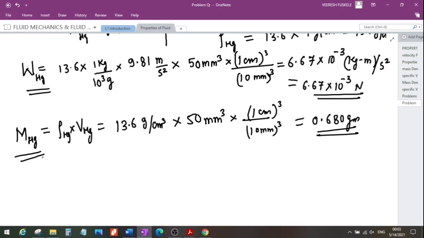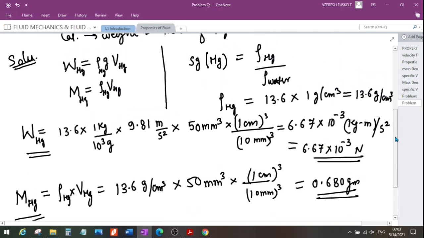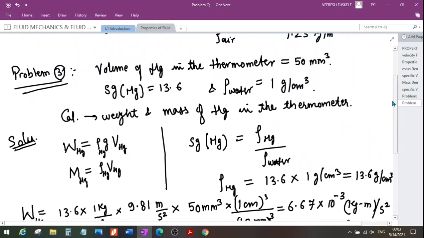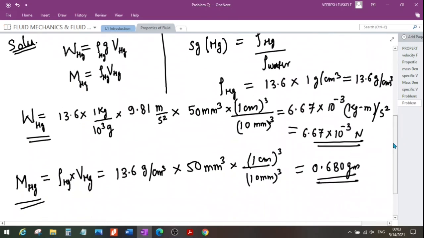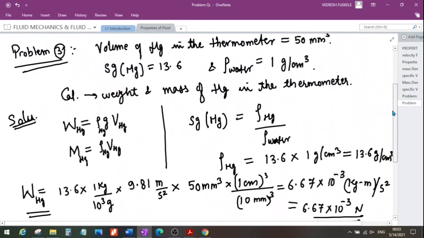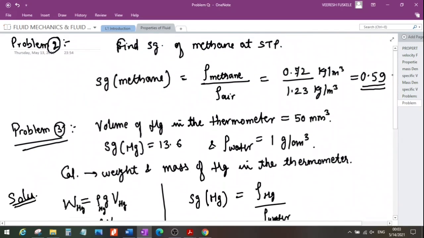So I'm not elaborating it further, but I hope you will understand the way I have written it down. Just go through these problems, try to solve these and a few more from the books of similar kind, so that you are pretty conversant with the unit conversion and the basic formulas of these properties of fluid.